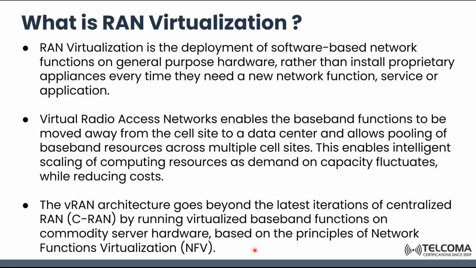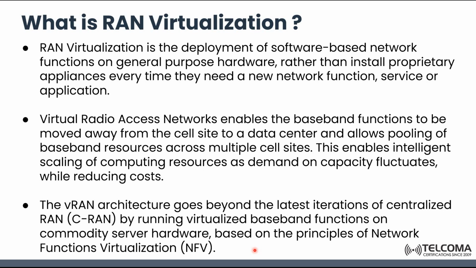which is now implemented through normal server hardware. And this principle of network function virtualization means that earlier we were using network elements which were physically present, like BSC, RNC, or MME and all those, but now all these are virtual. They can be implemented through normal commodity server hardware, and now they will be called network functions, not network elements.